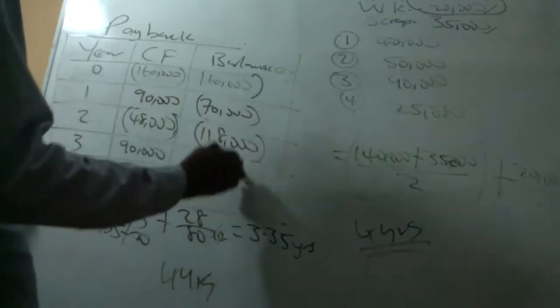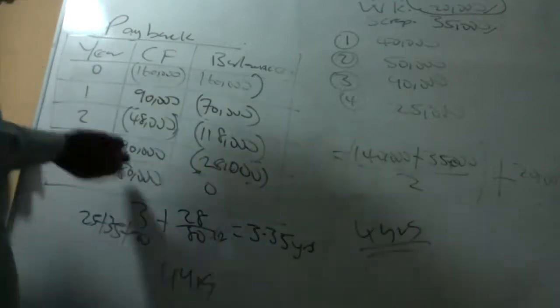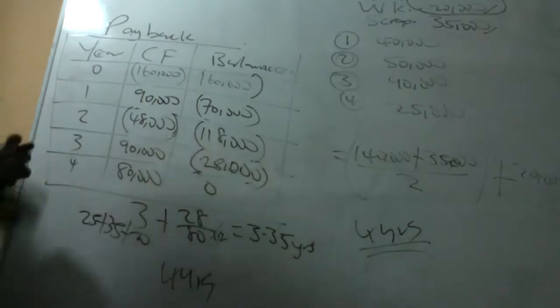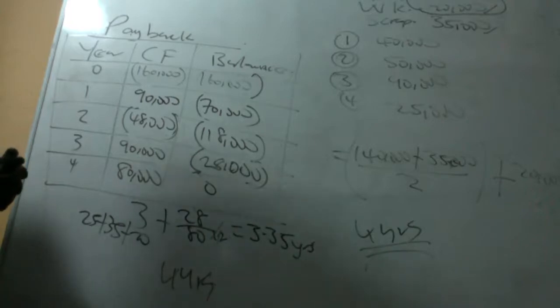We need only 28 out of this 28,000, so you can convert it into months or days, then you'll be fine. I hope it is clear. Kindly ask all your questions.